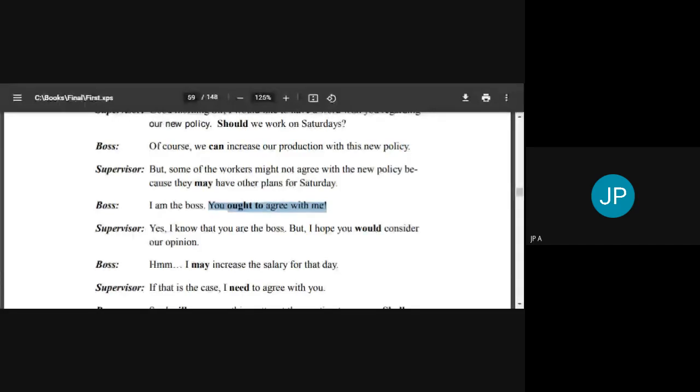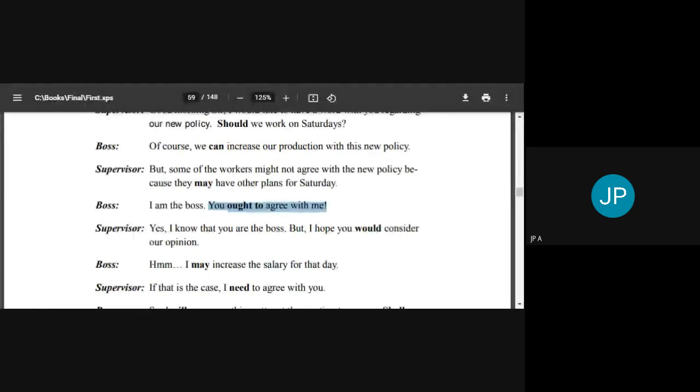It is not a command. It is obligation. The same structure can indicate different social functions in different situations, different contexts, different sentences. So you ought to agree with me, I am the boss. Here it is a command. Very good. Okay, next one.